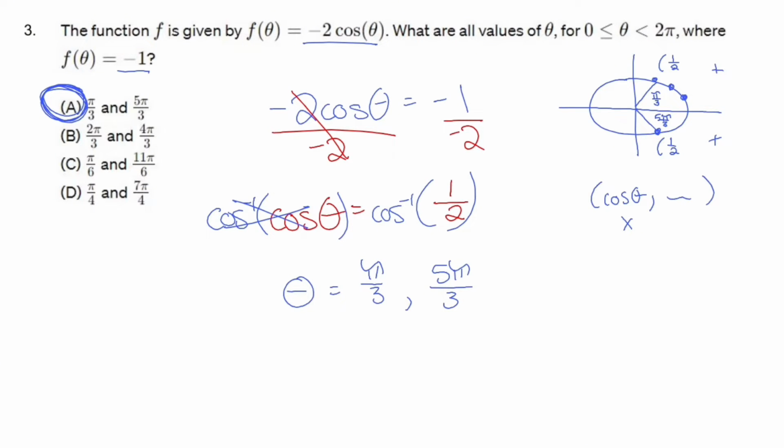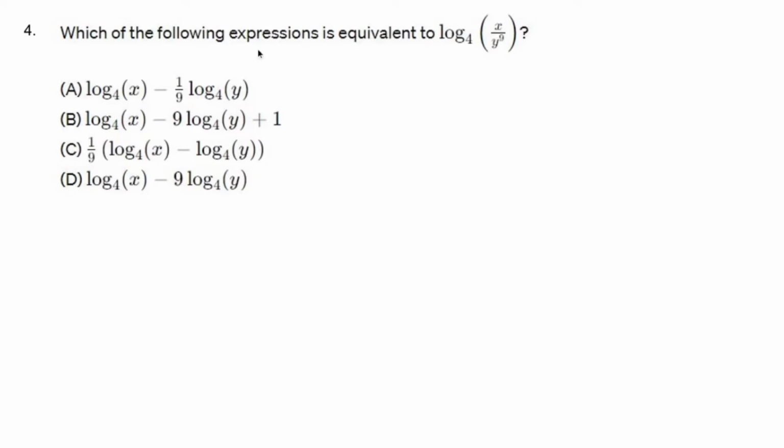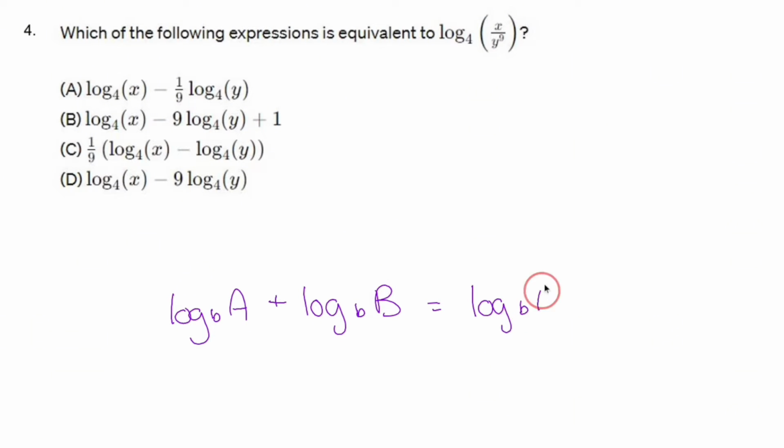Hope this helps. Which of the following expressions is equivalent to log base 4 of x over y to the 9th? Well, we know rules like this: if you have log base b of A plus log base b of B, you combine those through multiplication.